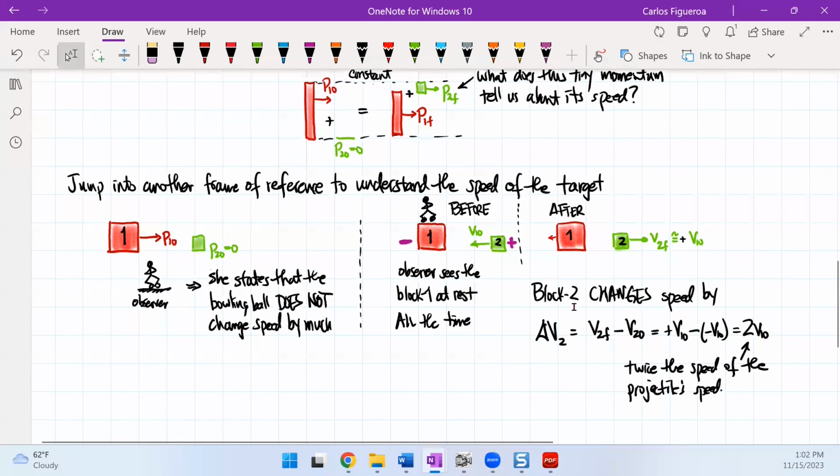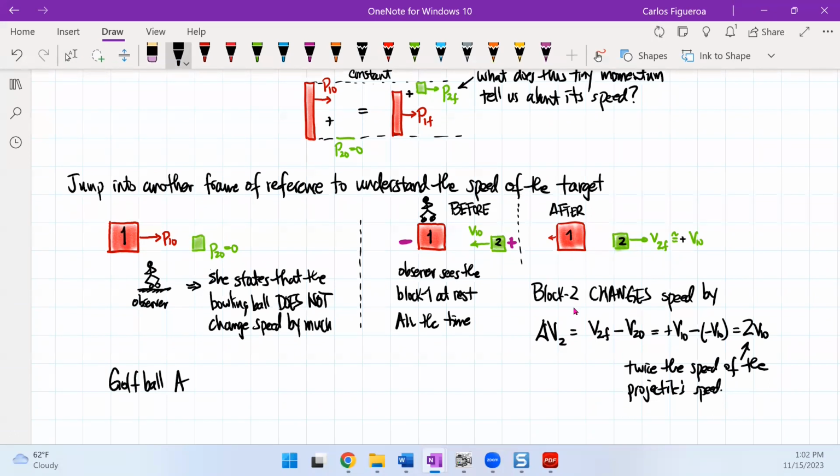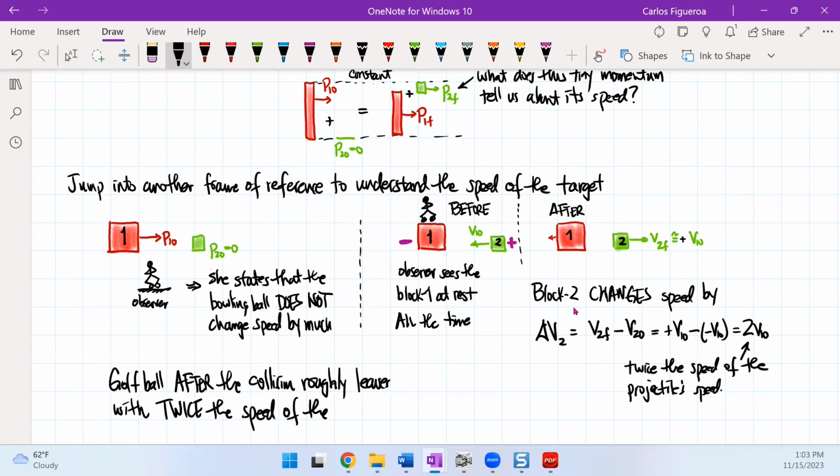So this tells us that the golf ball, after the collision, roughly leaves with twice the speed of the bowling ball.